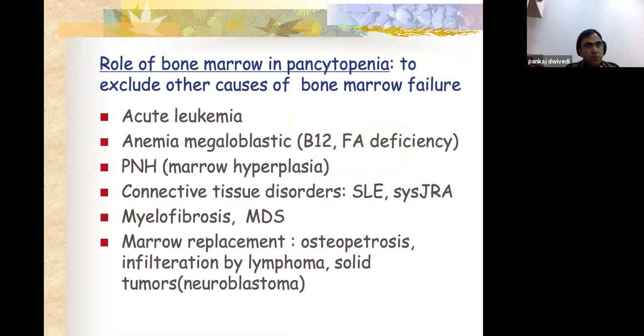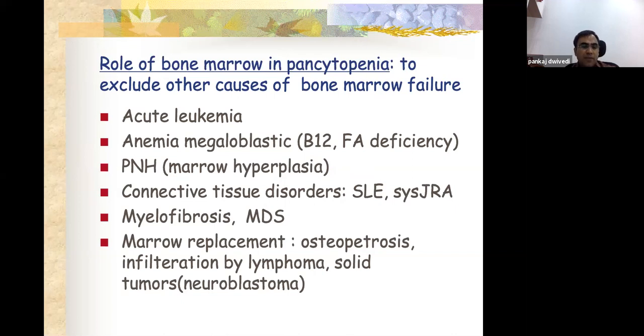So now, as I told you, we can reach the diagnosis by seeing the marrow. It will not only tell you about it but also rule out other causes. For example, acute leukemia, megaloblastic anemia, B12 and folic acid deficiency, PNH: you will find marrow hyperplasia but with pancytopenia. Connective tissue disorders, SLE, myelofibrosis, MDS, marrow replacement by an osteopathic process, infiltration by lymphoma.